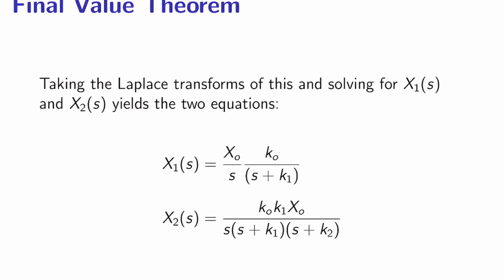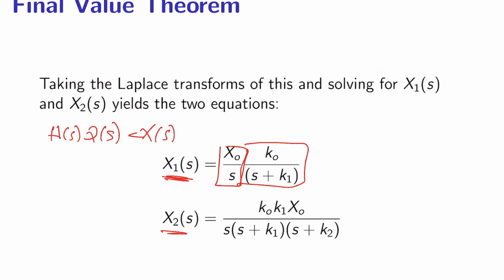I need to compute the 2 transforms for this, not the transfer function, but the two transforms. That's what I'm basically computing. For the first one, there's the Q of S, and that is actually the transfer function.